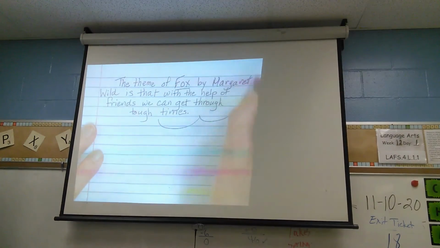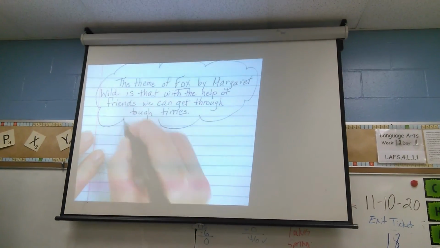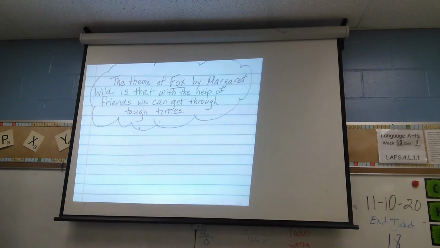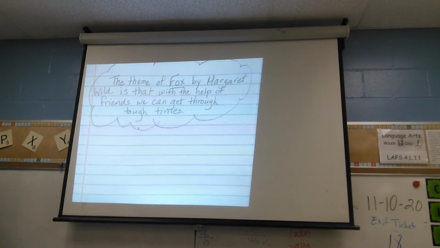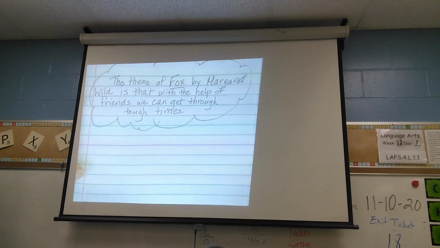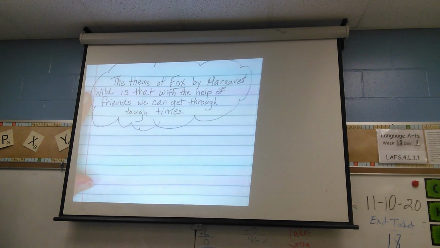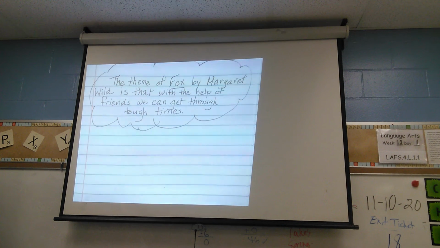So when you're framing your thesis, regardless of what you claim is the theme, you're going to want to make sure that you include the title and the author.